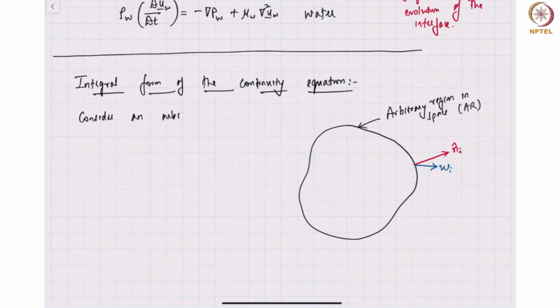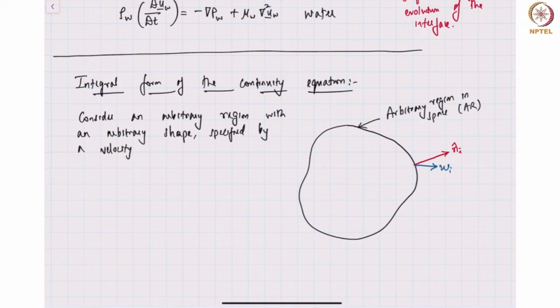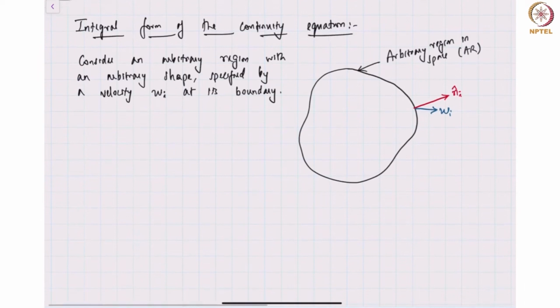Consider an arbitrary region in space with an arbitrary shape, with velocity w_i at its boundary.